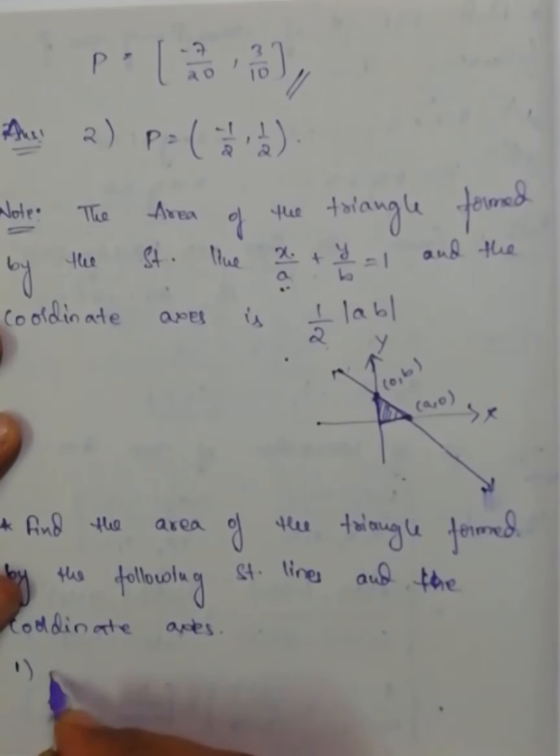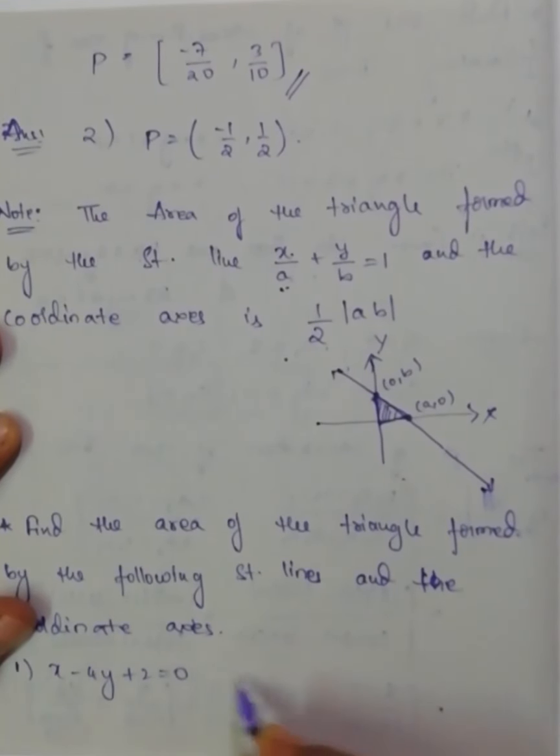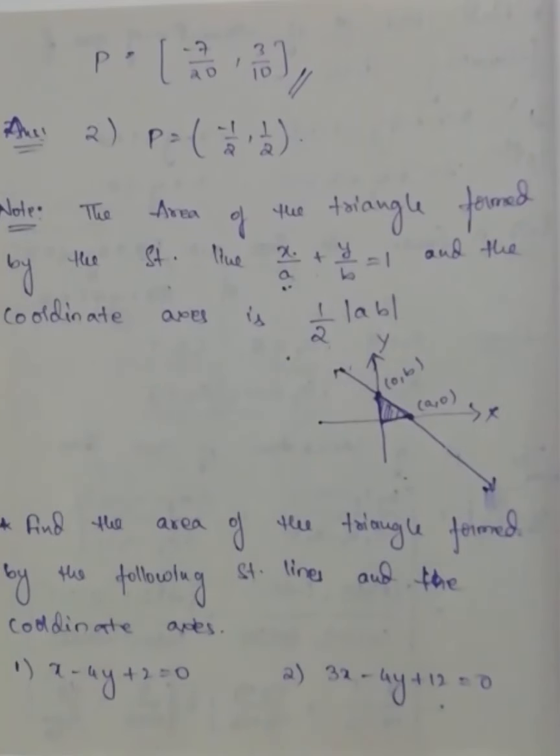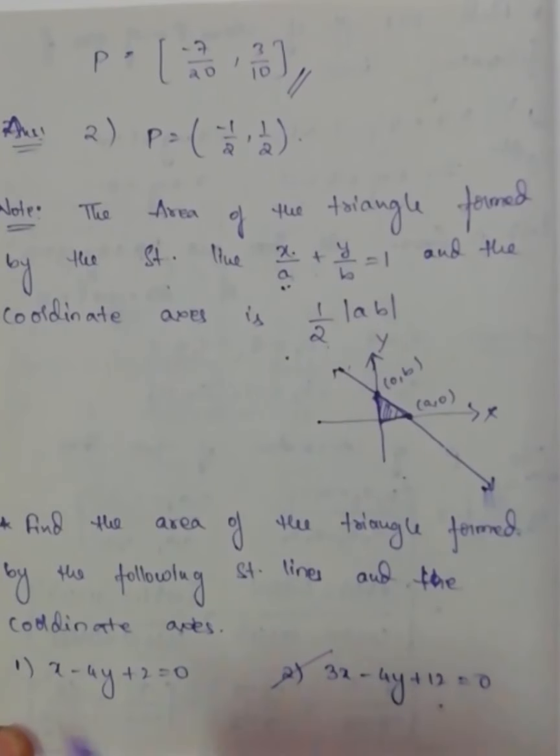First one is x minus 4y plus 2 is equal to 0, and the second one is 3x minus 4y plus 12 is equal to 0. Out of these two, I will solve this one, and the remaining other will be the homework.